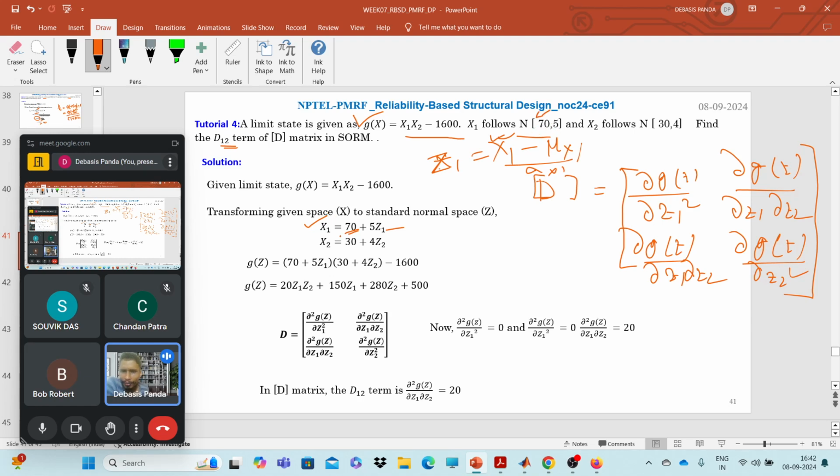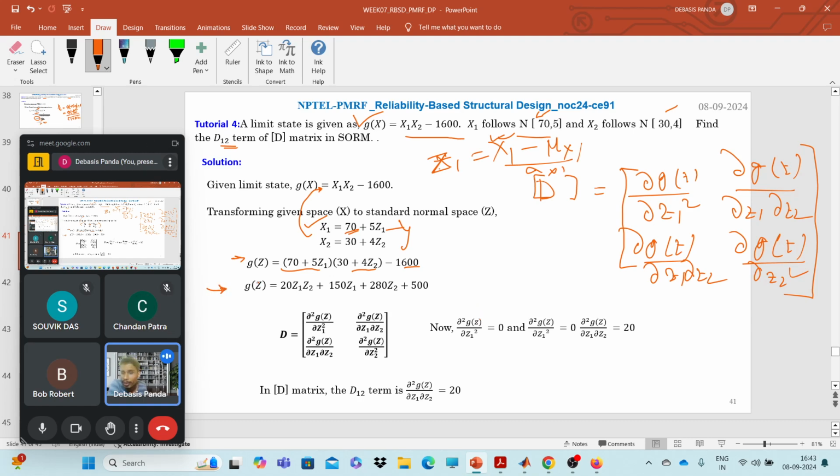For the second variable the mu is given as 30, so mu plus sigma into z2. So x1 and x2 we already have. Now substitute this x1 and x2 into g(x), so we will have g(z): this one x1, this one x2, and this is 1600. Simplify it, do the multiplication, and you will get g(z) equal to this.